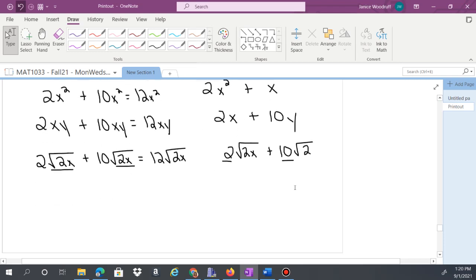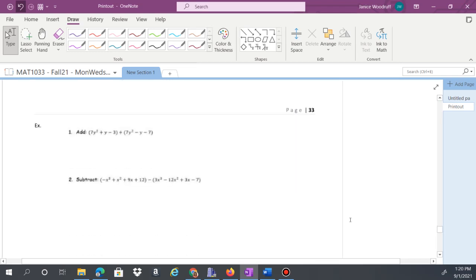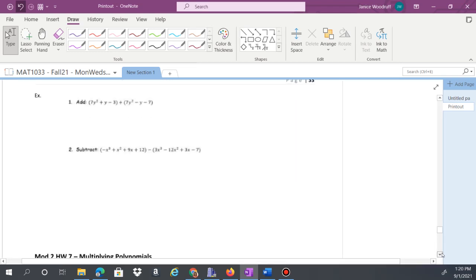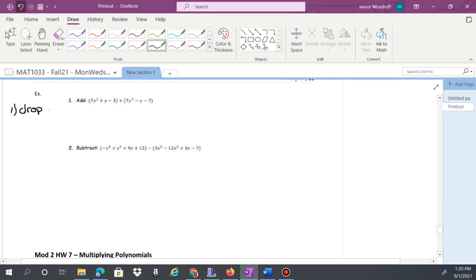So then let's do some actual operations with these. So adding is pretty easy. It's just 2 steps. Step 1, you're going to just drop the parentheses. And then step 2, you're going to combine the like terms.